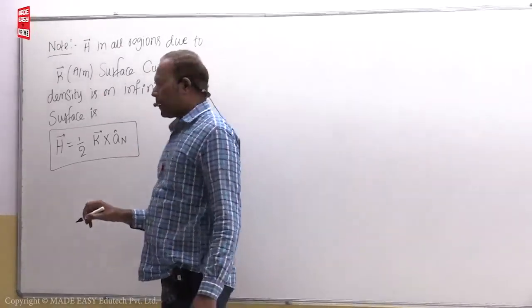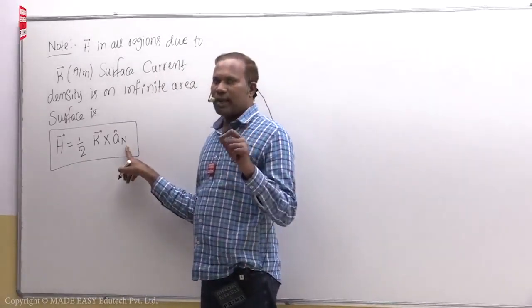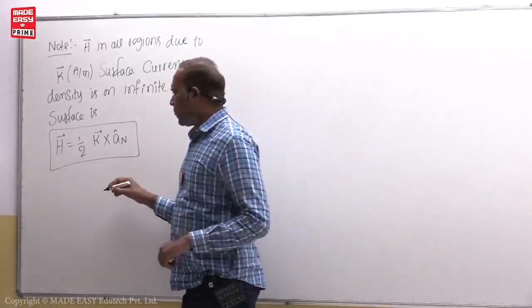What is An cap here? In the beginning classes, we have studied that An cap means the normal unit vector to the surface in the outward direction. The same definition applies here also.